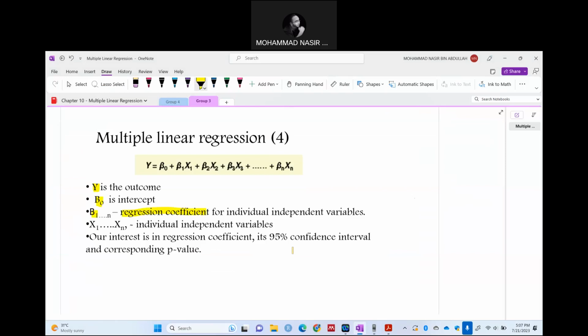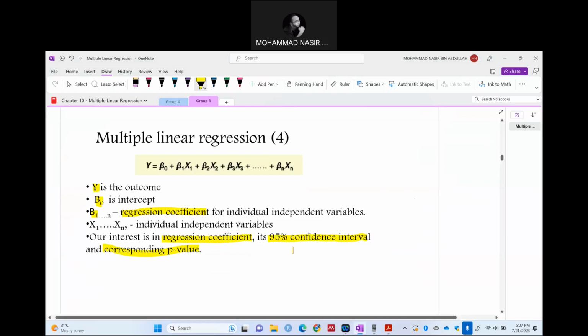X1 until xn are your independent variables. Our interest in multiple linear regression is the regression coefficient, its 95% confidence interval and the corresponding p-value. In your assignment, you are required to do two approaches: first by using the critical region, and another by the p-value approach.